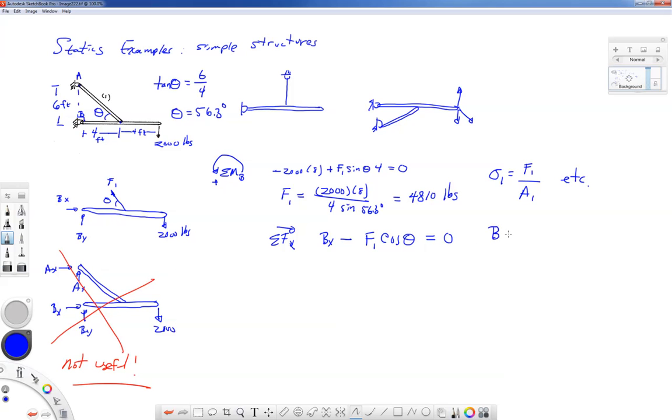In this case, since I know what F1 is, I can directly solve for Bx. Let's see, theta is 56.3 degrees. So I get negative 2670 pounds when I round it up to 3 significant digits.